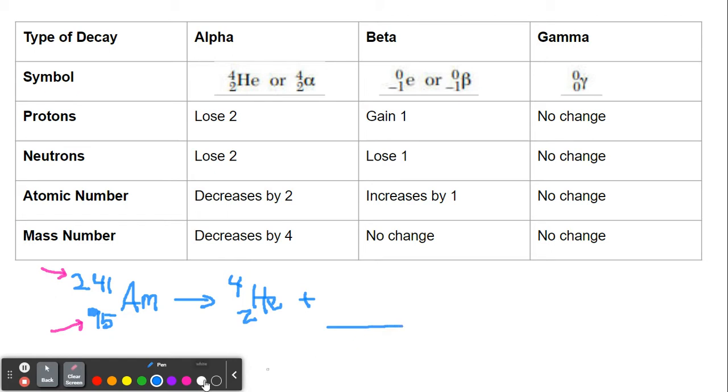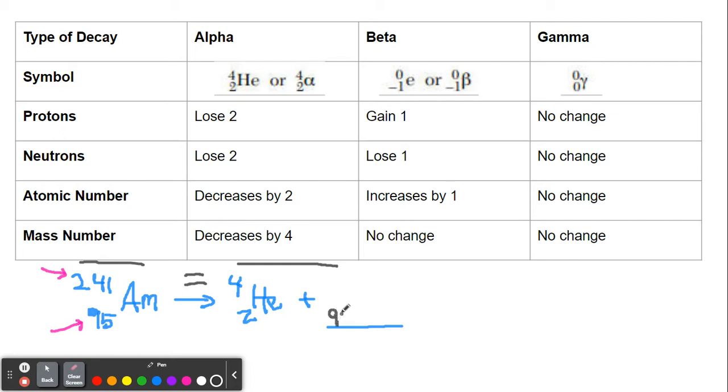So we're basically setting this up like an algebraic equation, right? So I'm going to say that this is an equal symbol over here, and everything on my right side has to add up to what's on my left side. So as I go through here, I can work forwards or backwards, however you want to, but I always like to go 95 minus 2 gives me what?